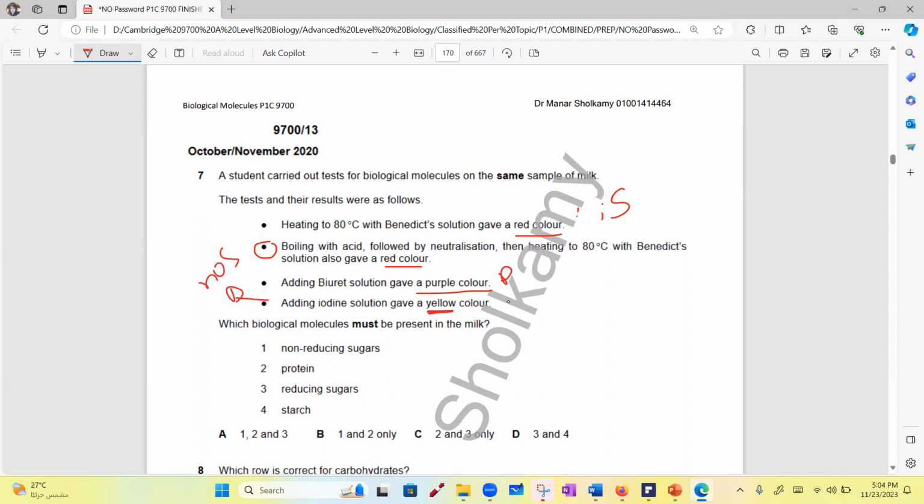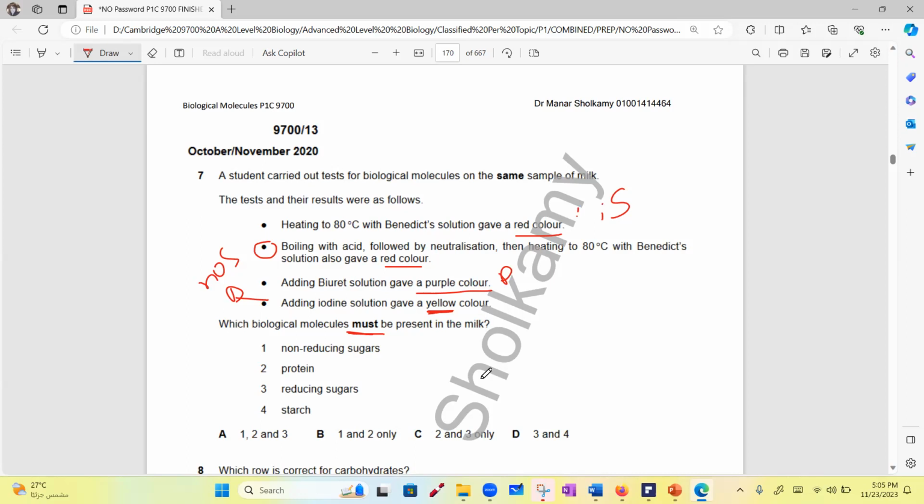Which biological molecules must be present in the milk? Must, and the must is in bold. So non-reducing sugars, do they have to be present? No, because when I boiled with acid, followed by neutralization, and I heated with Benedict, it also gave me a red color. So this means that maybe it is present, but definitely reducing sugars are present.